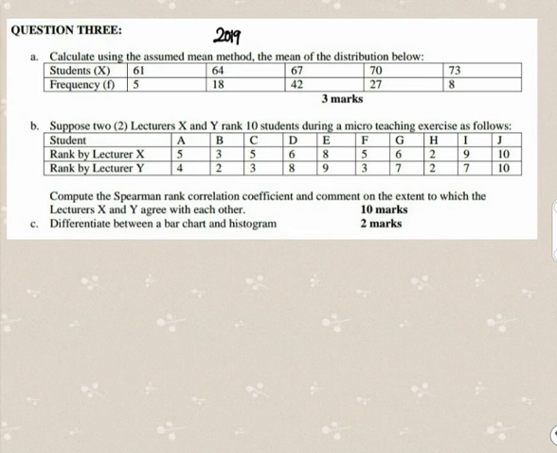So we can define the linear correlation coefficient to be the measure of linear relationship between random variables like we have here X and Y. That is what linear correlation coefficient is all about.